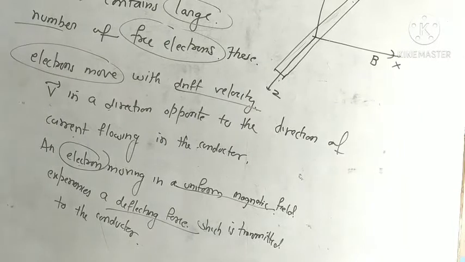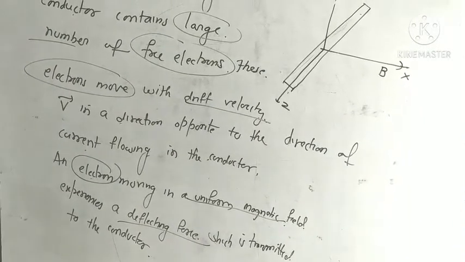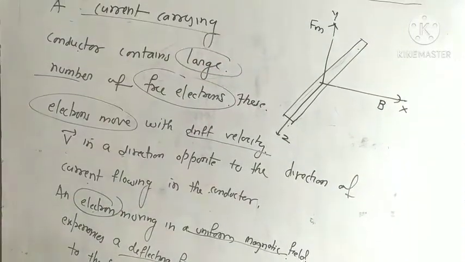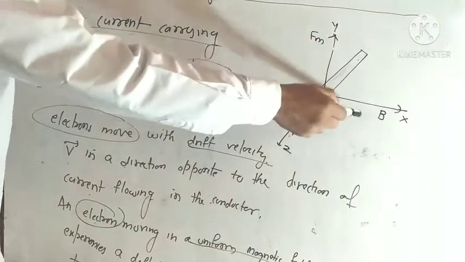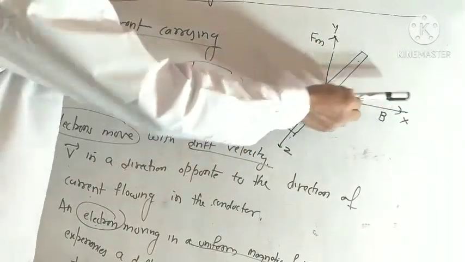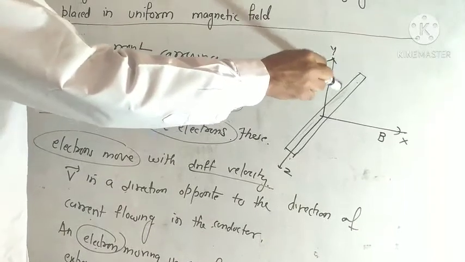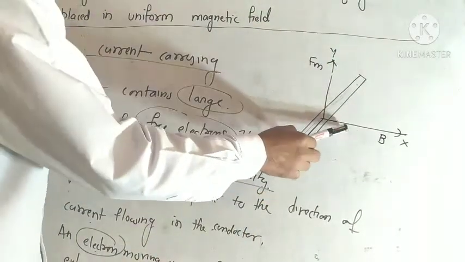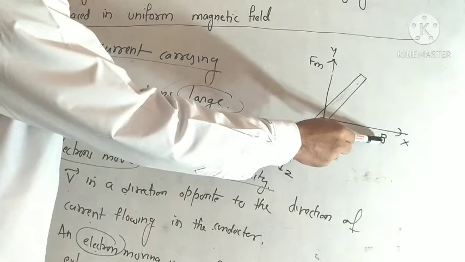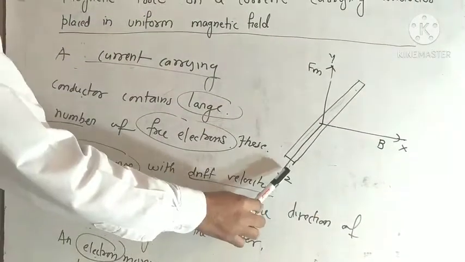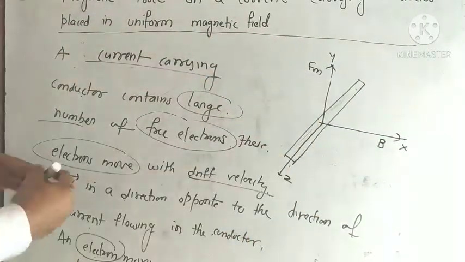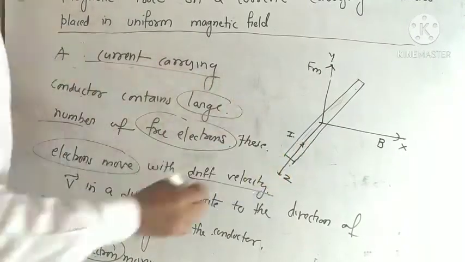So here I repeat again what we do here. Firstly, we take a conductor of length L carrying a current I placed in a uniform magnetic field, and we take the uniform magnetic field along the x-axis, and the magnetic force working on this conductor will be perpendicular to the magnetic field, and current flowing in the z direction.